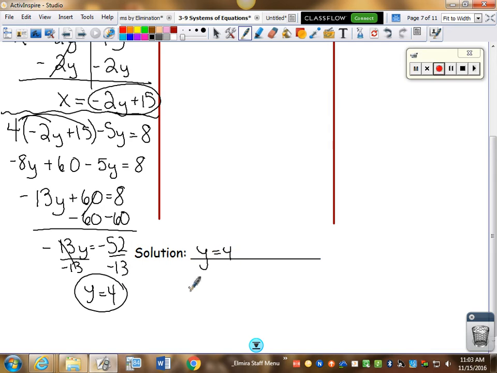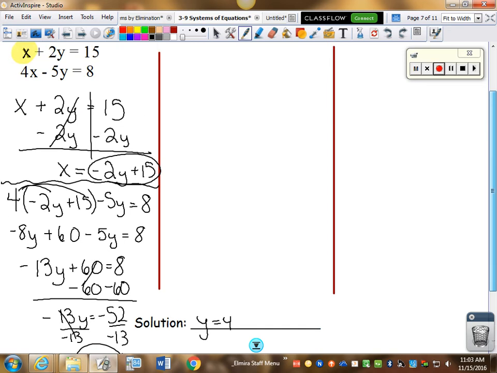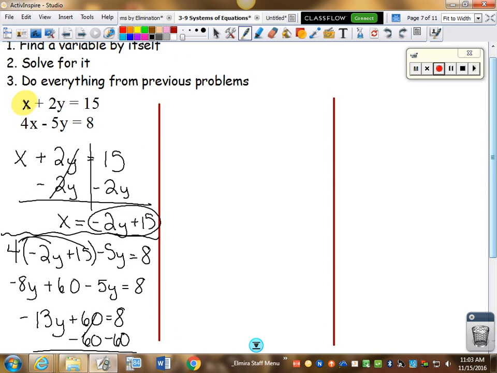Okay, that's a lot of work. We're not even done yet. All we know is that y equals 4. We still now have to go back and sub in. So x plus 2y equals 15. I just found out that y equals 4.